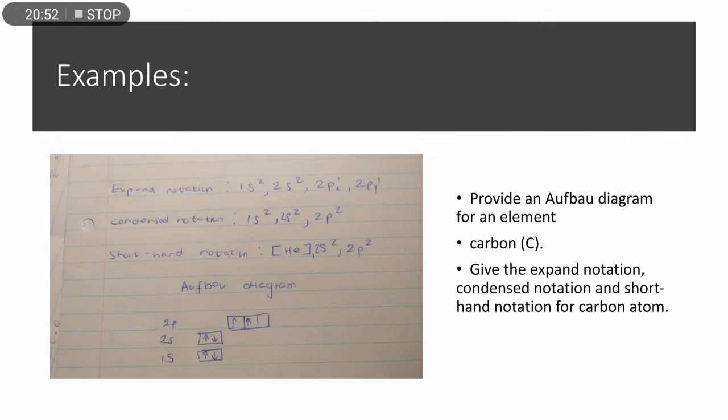Then we move on to the second energy level, which consists of the s orbital and the p orbital.